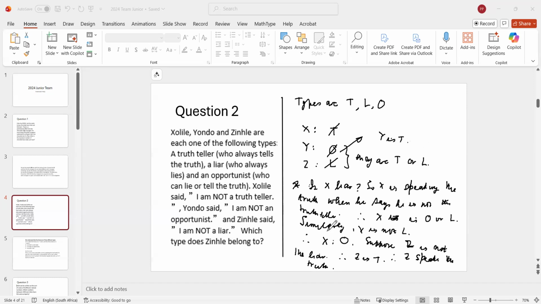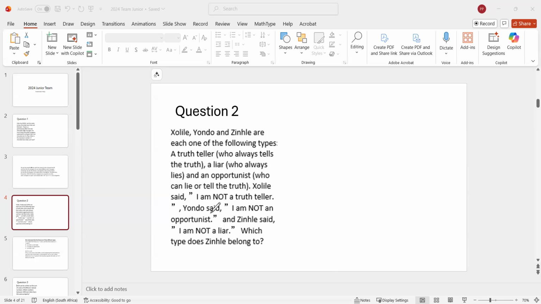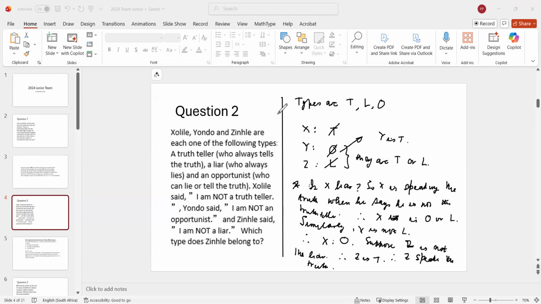And therefore, Z is actually the liar. Contrary to, oh God. Oh, thank God I can get this back. So if he is the truth, then Z has to be the liar. And if he says I'm not a liar, then he's lying. Right. So this is okay.